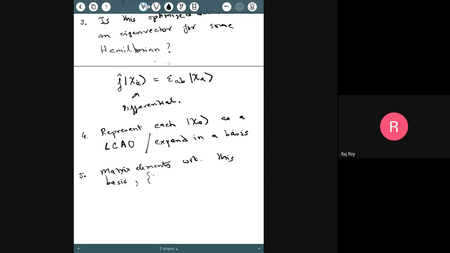Let's say we call this phi mu. And then we obtain a matrix equation, F mu nu, some C.